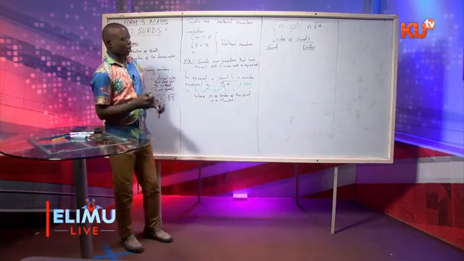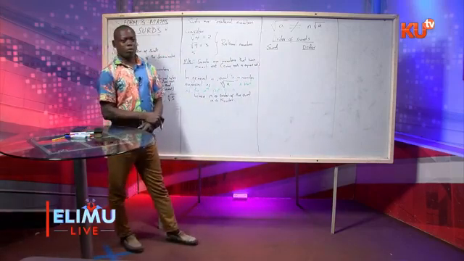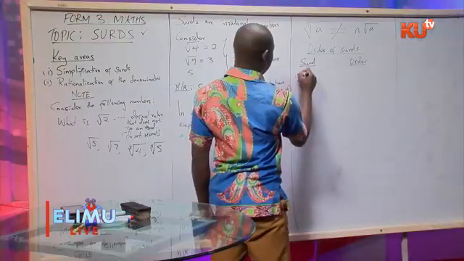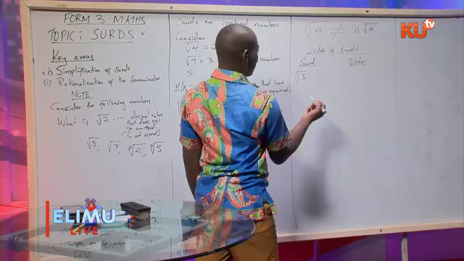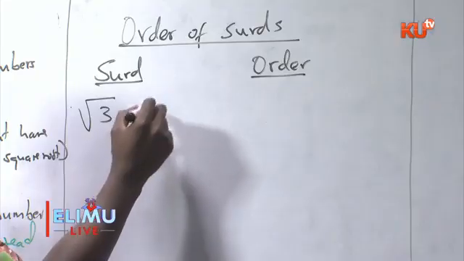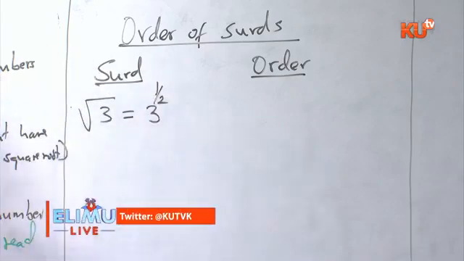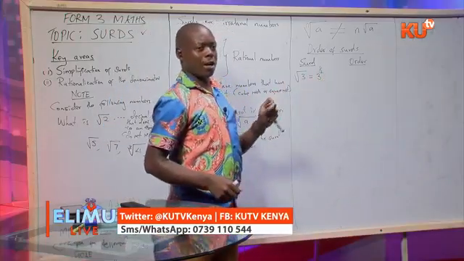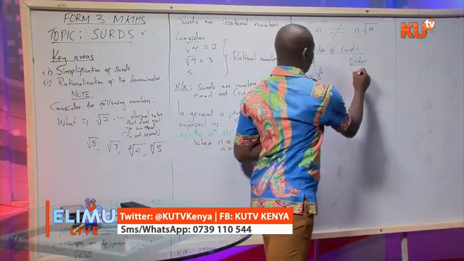All square roots are to order 2. Why? For example, if I have the square root of 3, square root of 3 simply means 3 power a half. And so this 2 is what defines the order. So this is order 2.